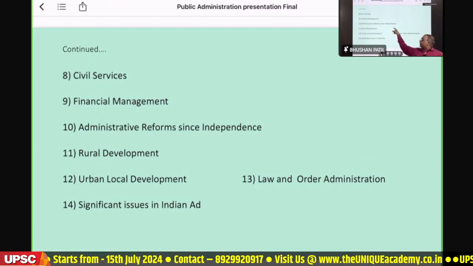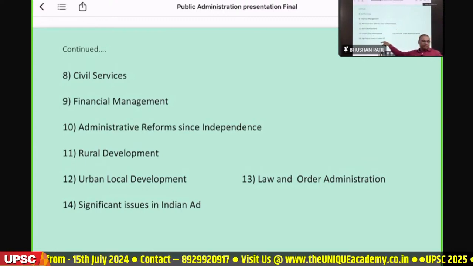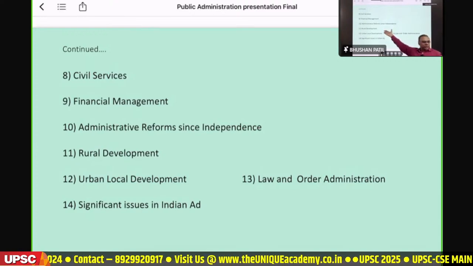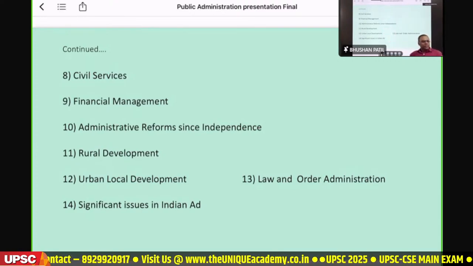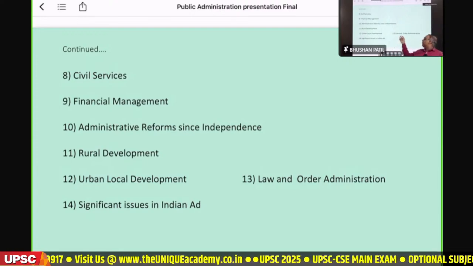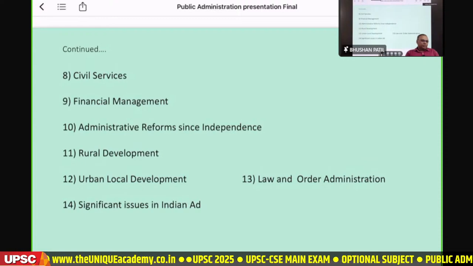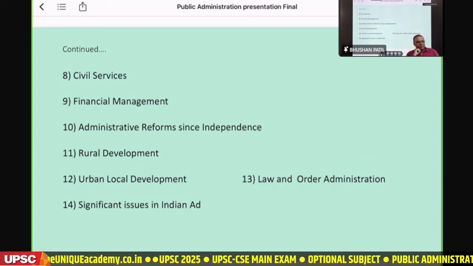Here, development administration in Indian administration, development administration through Panchayati Raj institutions, that is rural development and urban local development. These topics are there. Okay. One extra topic, that is law and order administration, which is police administration.